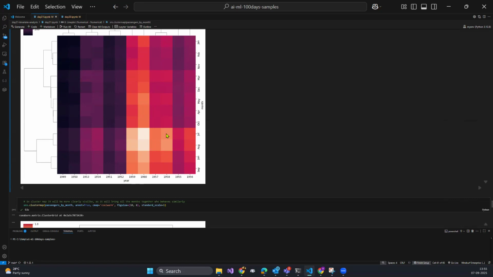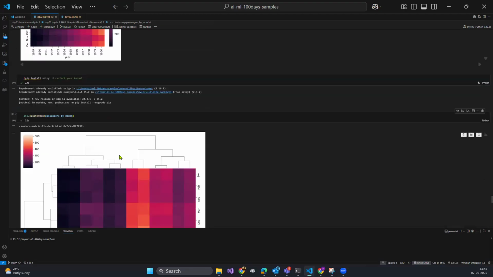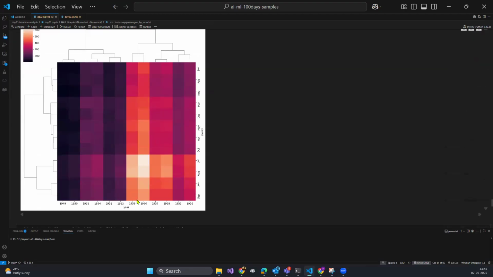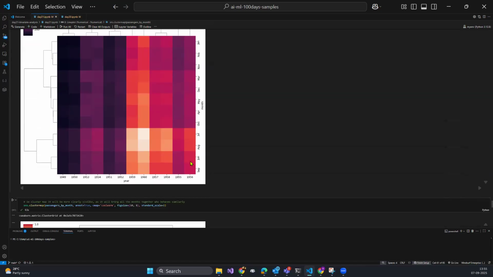More passengers traveled in these four boxes, right? So this cluster map groups similar features together. You'll see similar here, then here. So you will see similar colors mostly brought together.